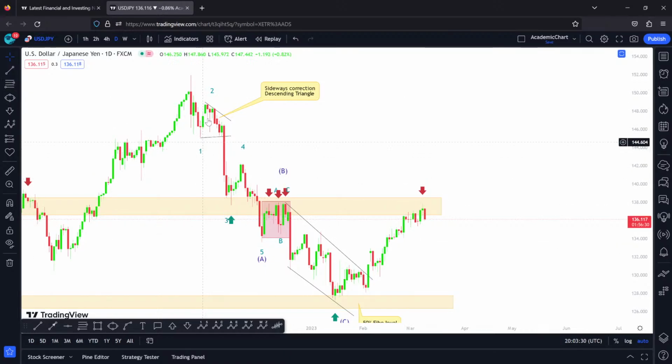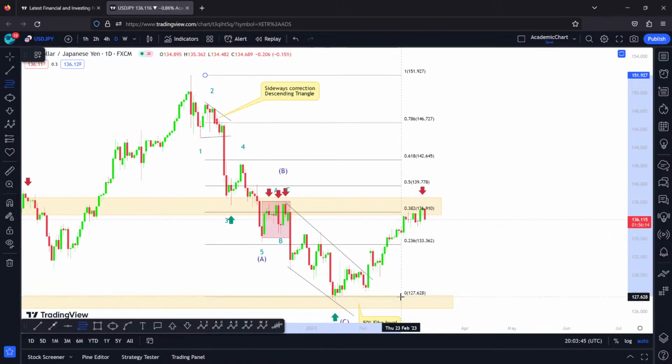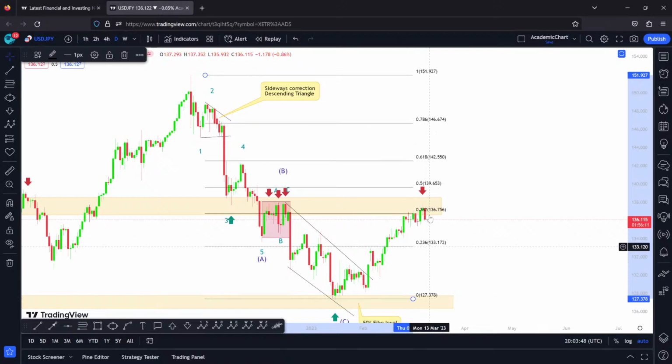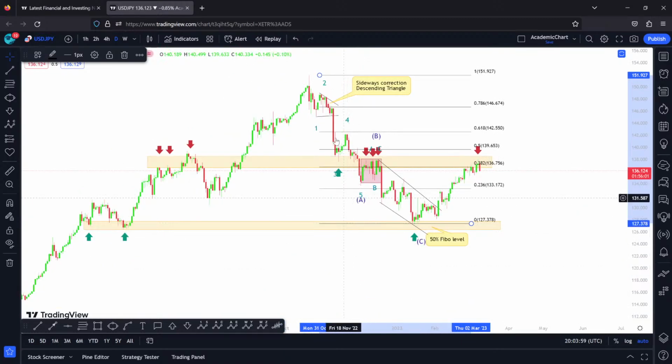Before that, we have this ABC, and it is not going to be an impulsive wave, but I want to double check how much this has been corrected because when this ABC ends, usually we are going to see an impulsive wave.